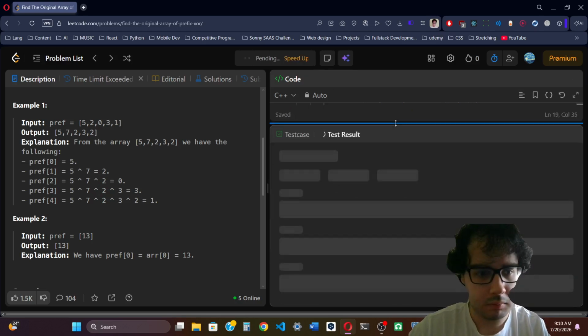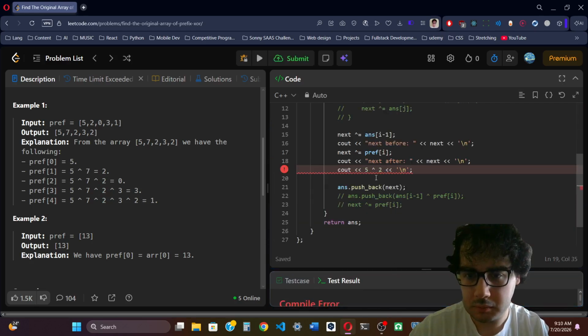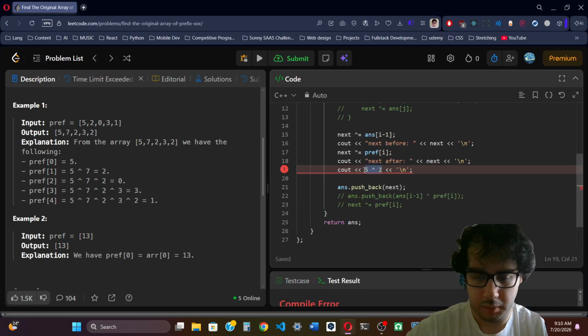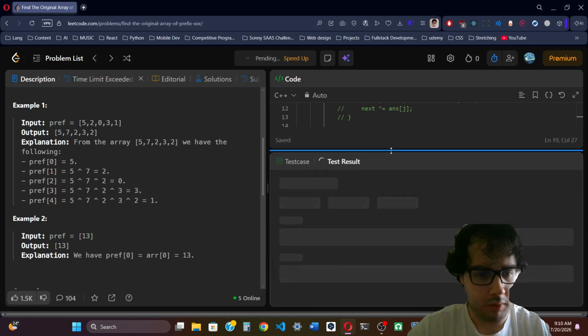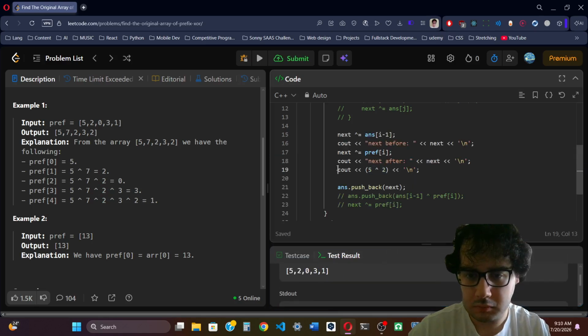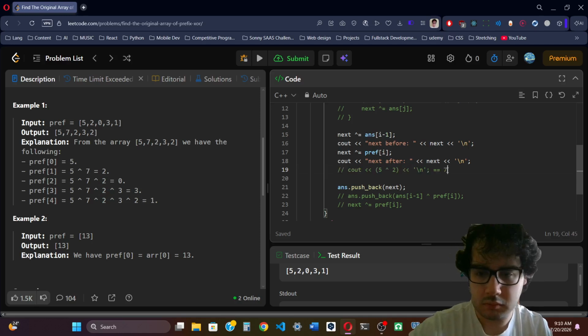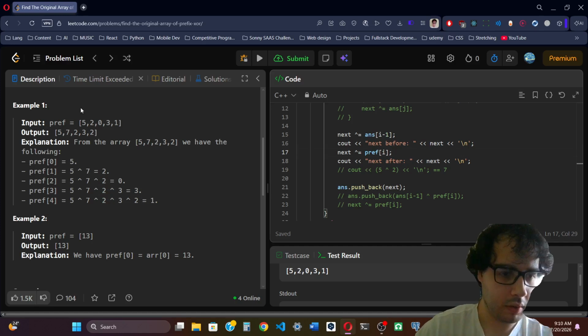This gives 7. But what the? There's gotta be an... 5 XOR 2 is 7, bro. This is 7. So actually we're doing 5 XOR 2.